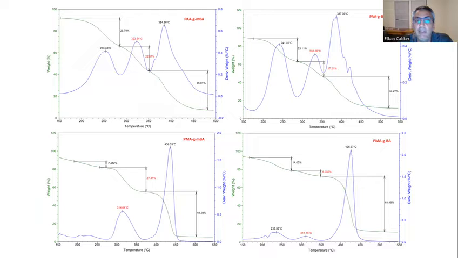As you see, the TGA and derivative curves of polyacrylic acid graft copolymers have similar patterns to each other. Also, polymethacrylic acid copolymers have similar patterns to each other. The difference comes from the branches, the content of branches.